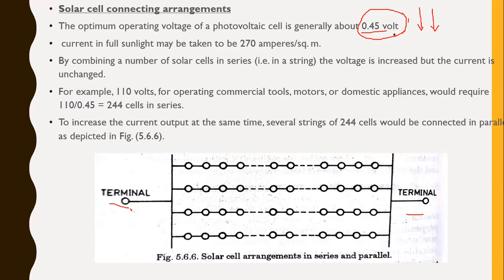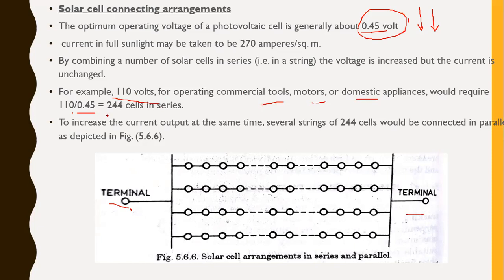For example, if you take 110 volts for operating commercial tools, motors or domestic applications, whatever is required, then we require 110 by 0.45, which needs 244 cells in series.